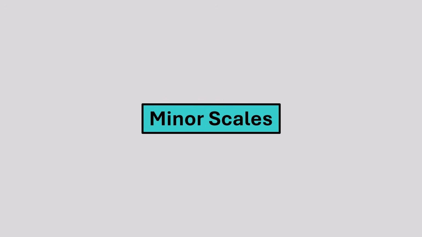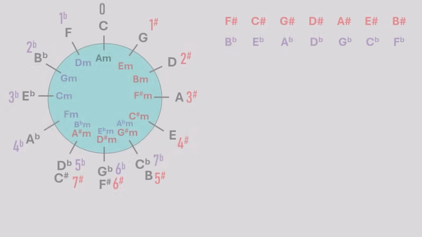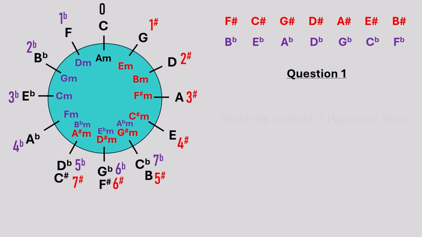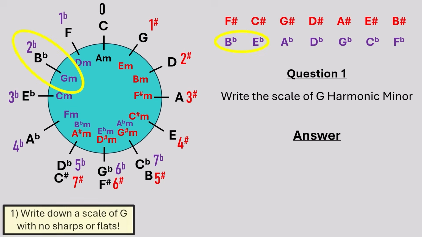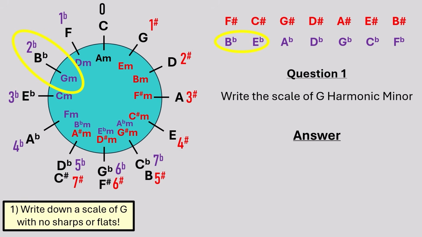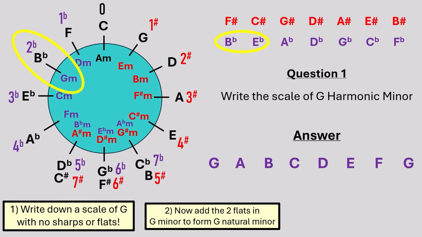Let's have a look at minor scales. Question 1. Write the scale of G harmonic minor. First, write down a scale of G with no sharps or flats. Now add the 2 flats in G minor to form G natural minor.